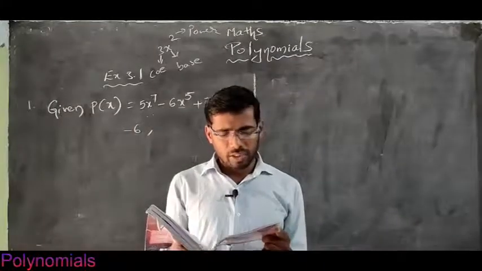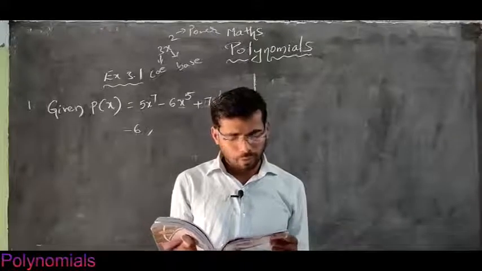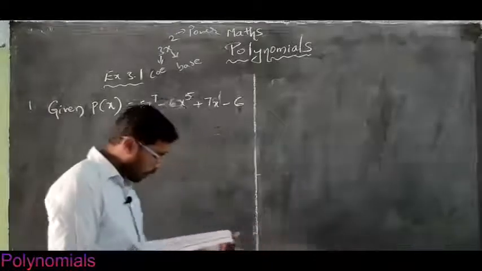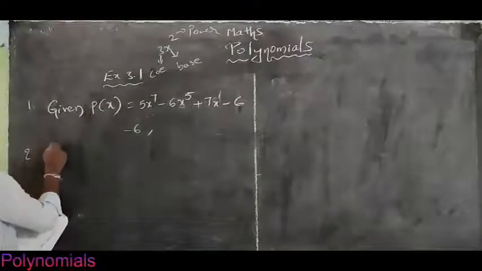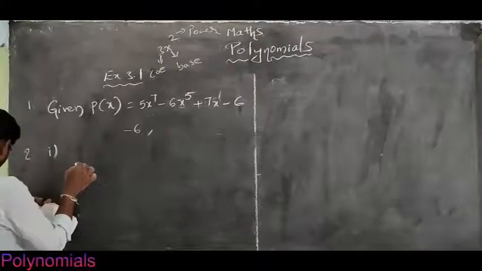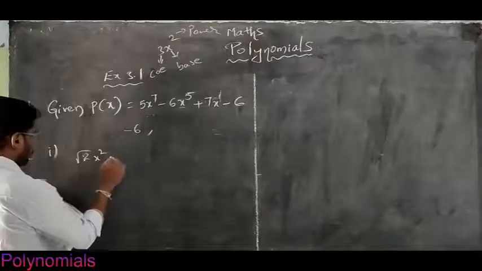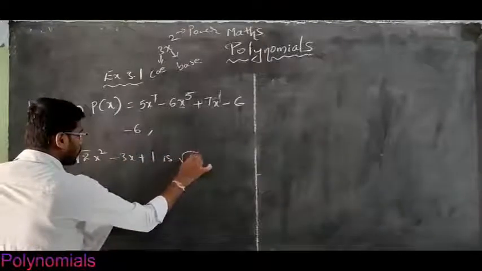Next, the second bit: state which of the following statements are true and which are false, and give reasons for your choice. First one: the degree of the polynomial root 2x square minus 3x plus 1 is root 2.